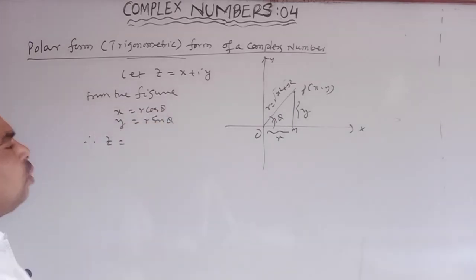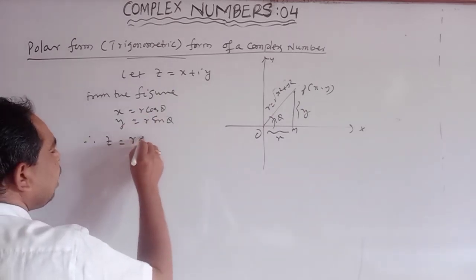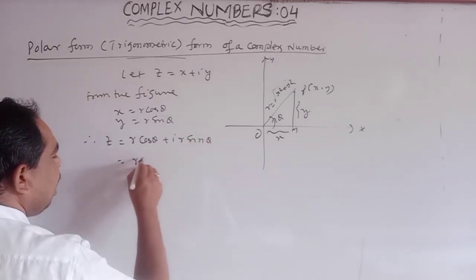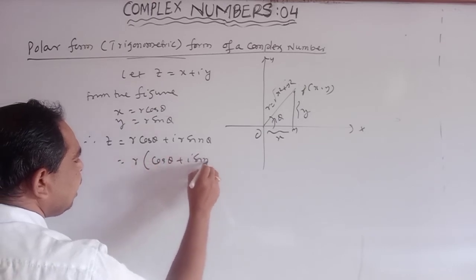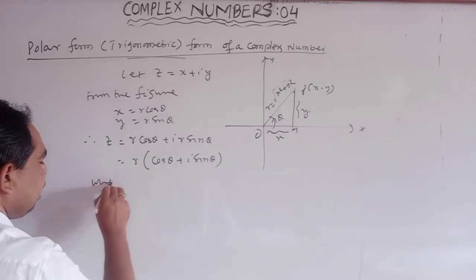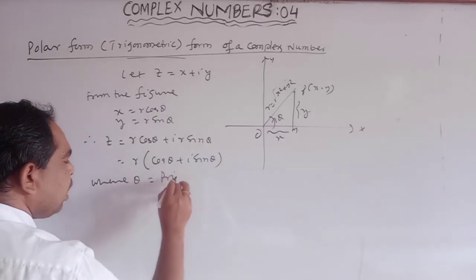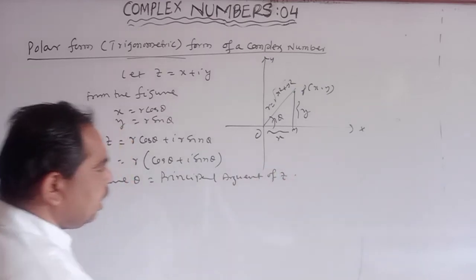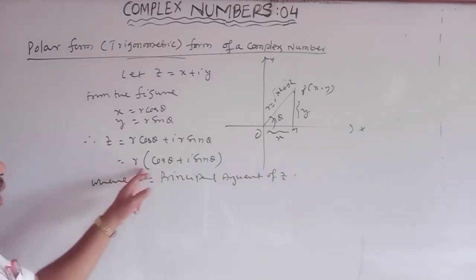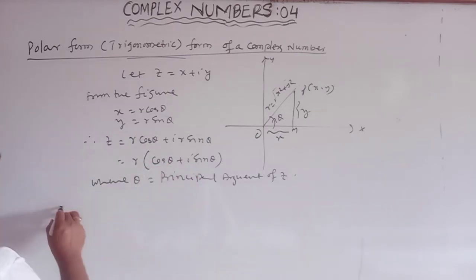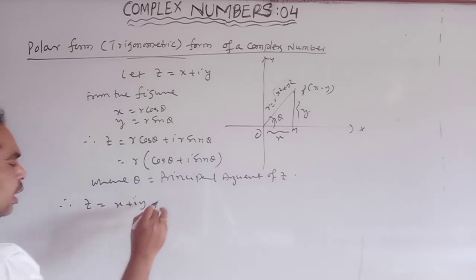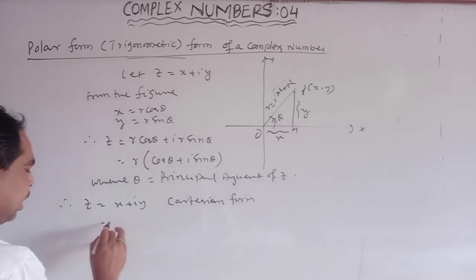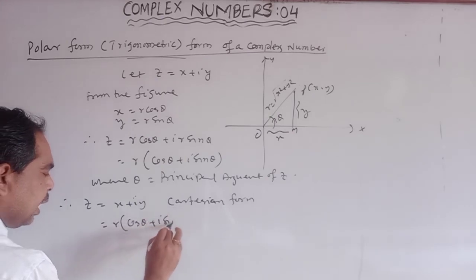Therefore z is equal to r cos theta plus i into r sin theta, so is equal to r into cos theta plus i sin theta, where theta is called the principal argument of z. Okay, and this is called the polar form. So z is equal to x plus iy is called the Cartesian form, and z is equal to r into cos theta plus i sin theta.